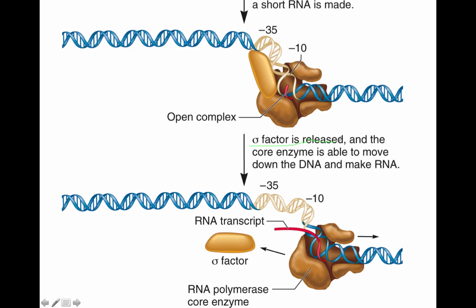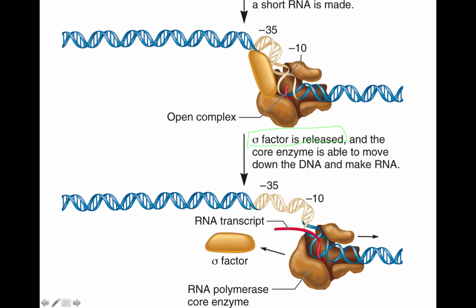Sigma factor is released. In order for RNA polymerase to escape the promoter, you need to release sigma factor and transition from the closed to the open complex. That means that the two strands of DNA are now separated from each other and transcription can begin.